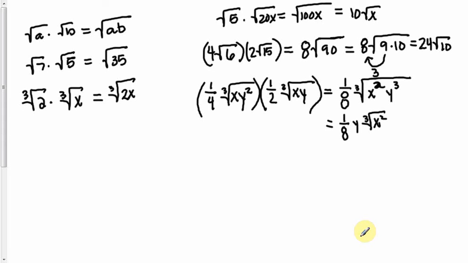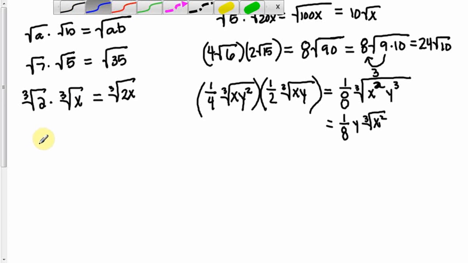All right, let's do one where we're going to be multiplying. We're multiplying constantly in this section. I shouldn't even say that.